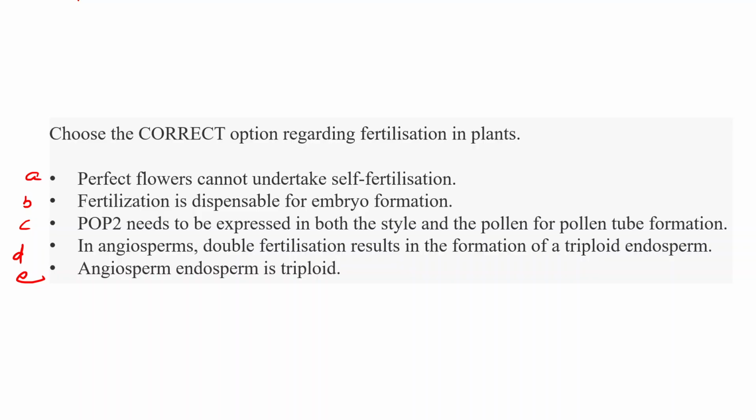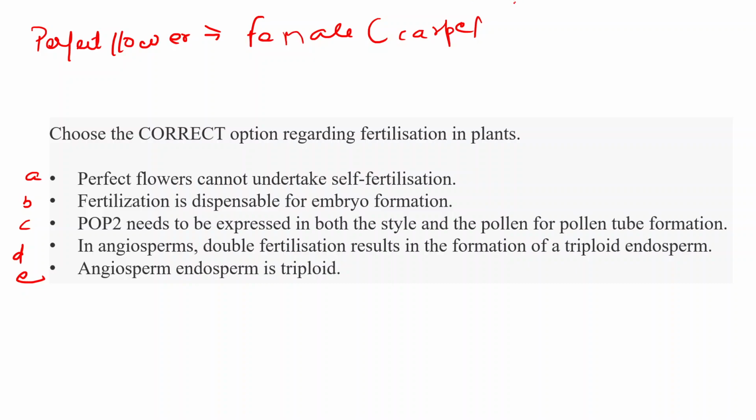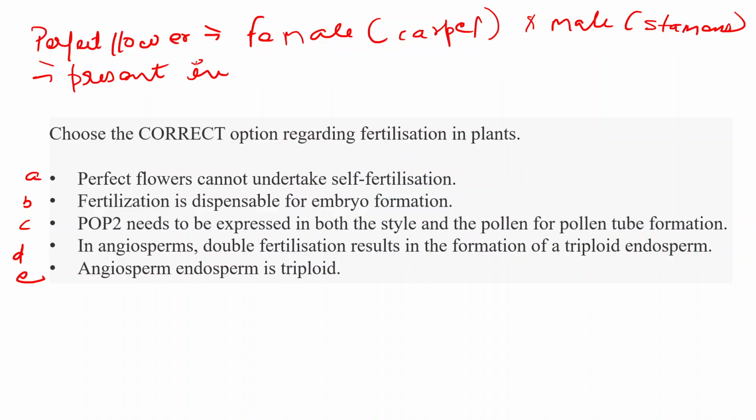So the definition of a perfect flower is one in which the female part, which is the carpel, and the male part, which we call stamens, are present in the same flower. Okay.